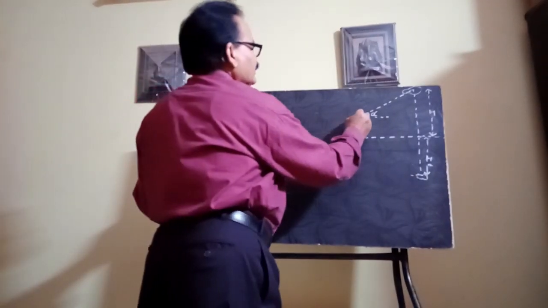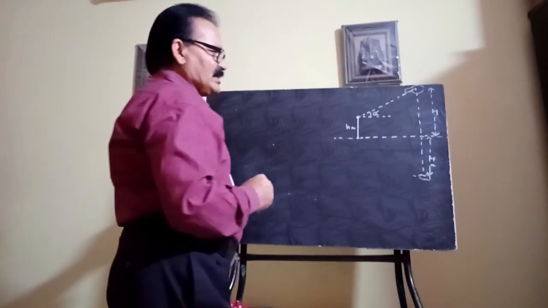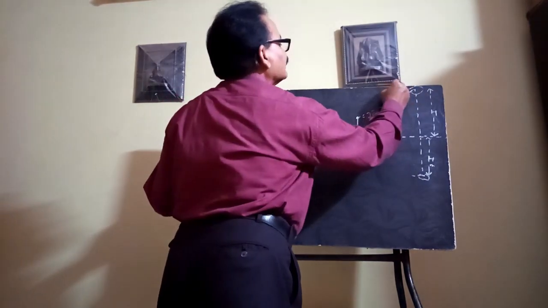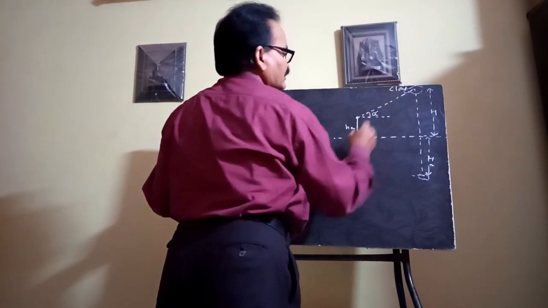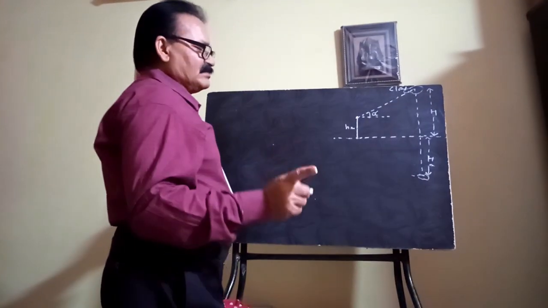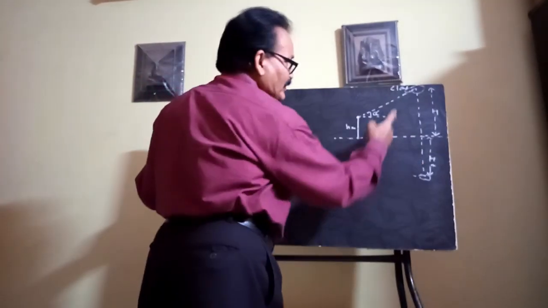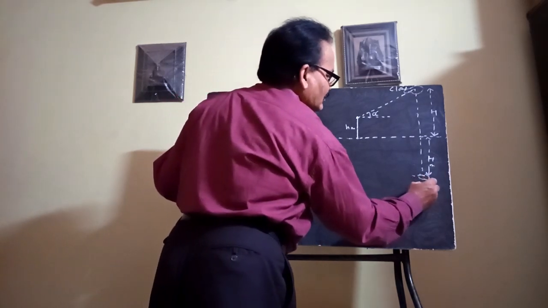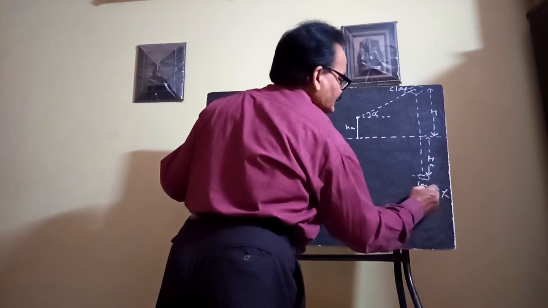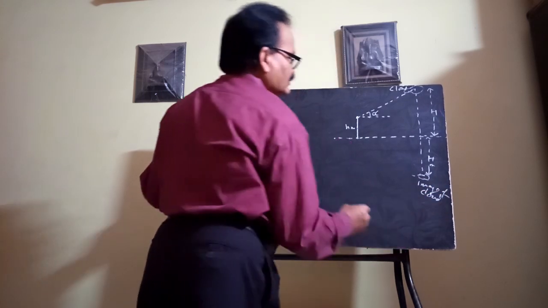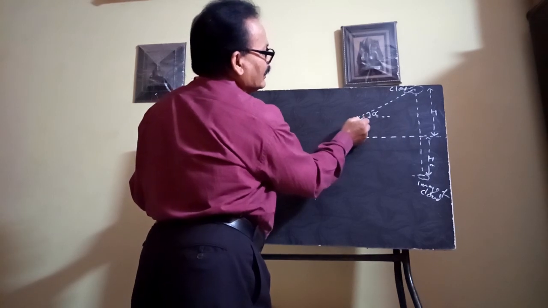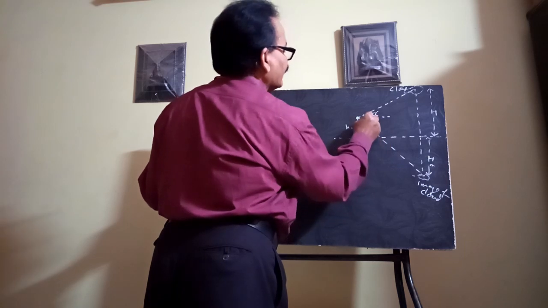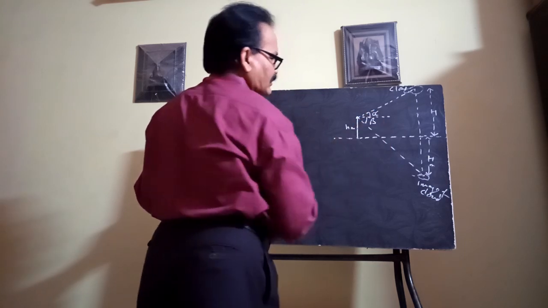Now the eye of the observer is h meter above the lake. The angle of depression of the reflection of the cloud, here this is the image of the cloud, is this much, that is your beta.